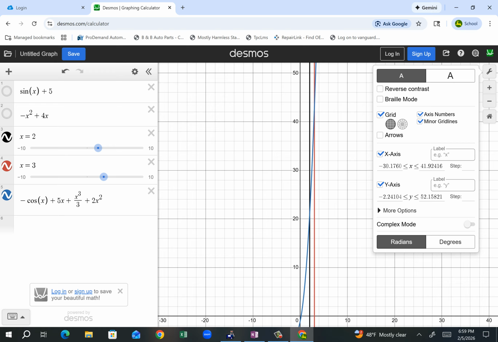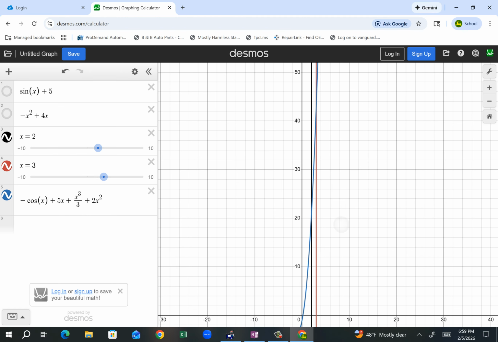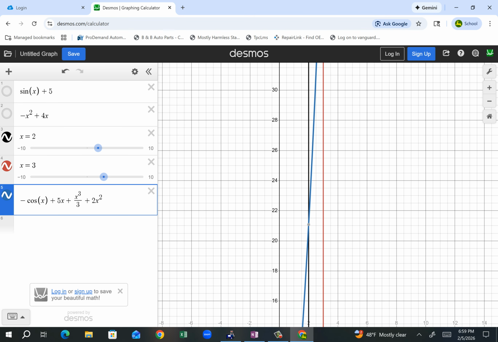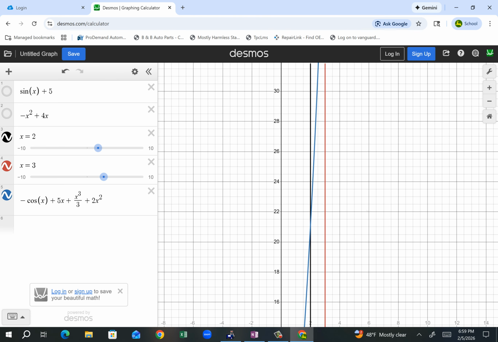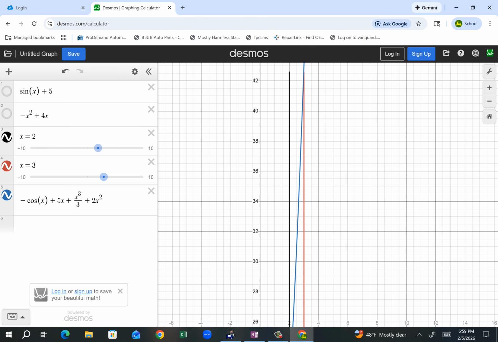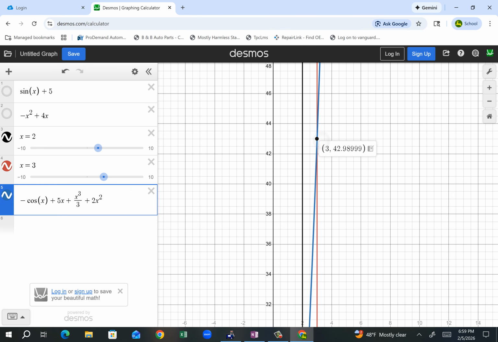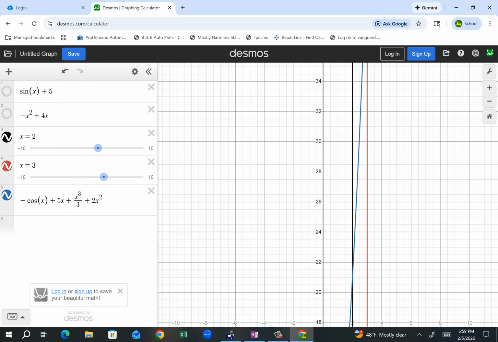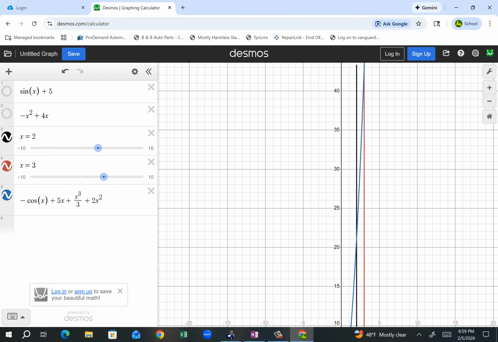Let's make sure that we are in the appropriate mode. Oh, I know what the problem is. We're in radians. Gotta be in radians. There it is. So we have to try this again.